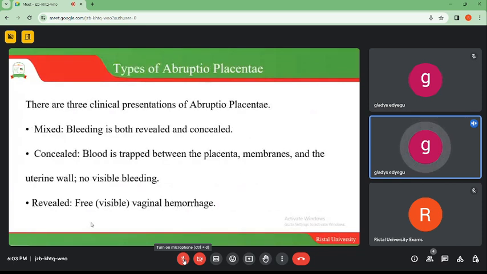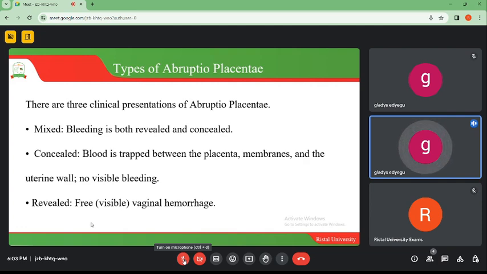So what are the types of abruptio placentae? The different types of abruptio placentae: three clinical presentations. They have three clinical presentations, and that's how they are classified or typed. So one of them is mixed, and the mixed one is where the bleeding is both revealed and concealed.